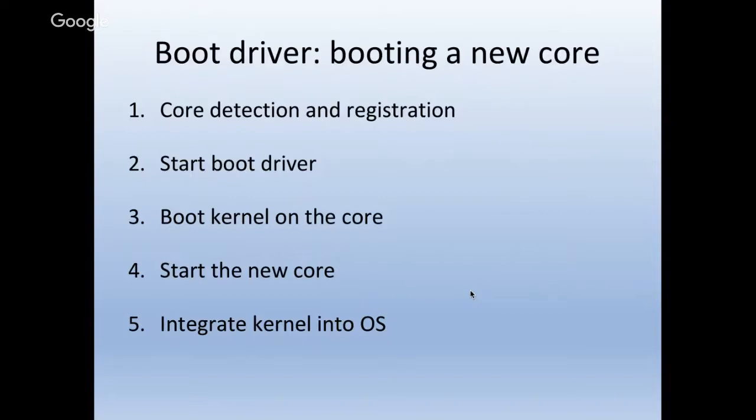The third step is Barrelfish DC selects a kernel binary and an argument for the new core and directs the boot driver to boot the kernel on the core. The next step is the boot driver loads and relocates the kernel and executes the hardware protocol to start the new core. The last step is the new kernel initializes and uses the existing Barrelfish protocol for integrating into the running OS.